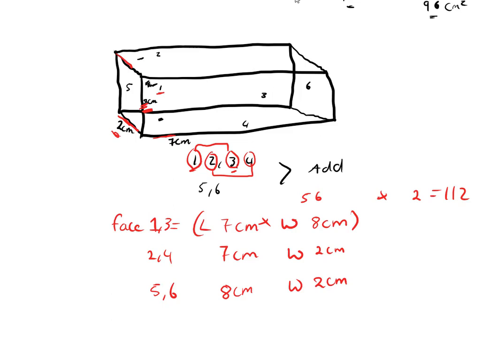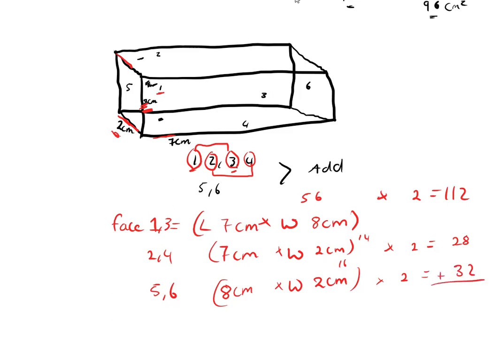The second group then, face 2 and face 4, that's going to be 7 times 2, which gives us 14. And we need to multiply that by our faces, which is 2, which is 28. Our last one then is going to be 8 times 2, which is 16. And we times that with the faces again, which is 32.